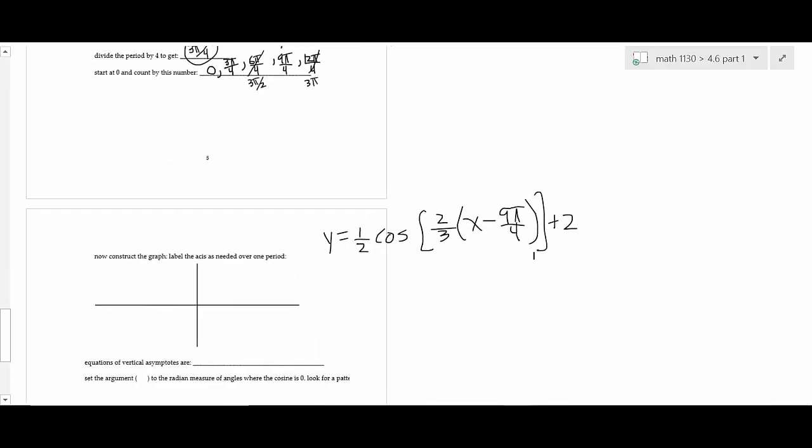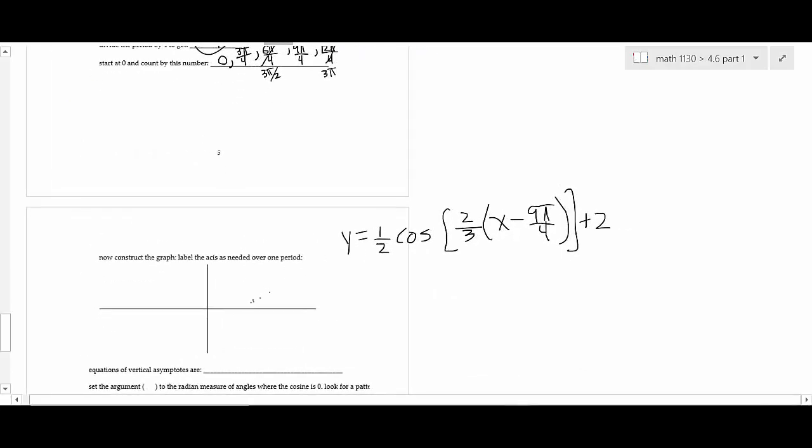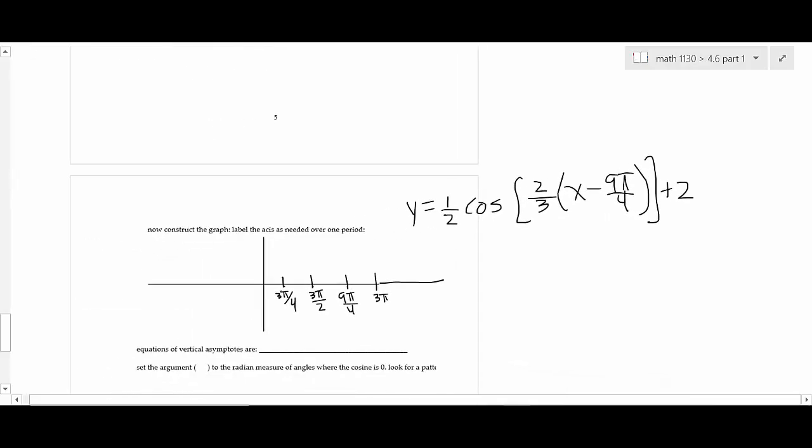Let me zoom in on this a little bit and let's get the increment put together here. So on the x-axis, we're going to go 3 pi over 4, and then it was 3 pi over 2, and then it was 9 pi over 4, which is where our phase shift moves to, and then 3 pi like that. Let's just work with that and see if we can figure it out from there.